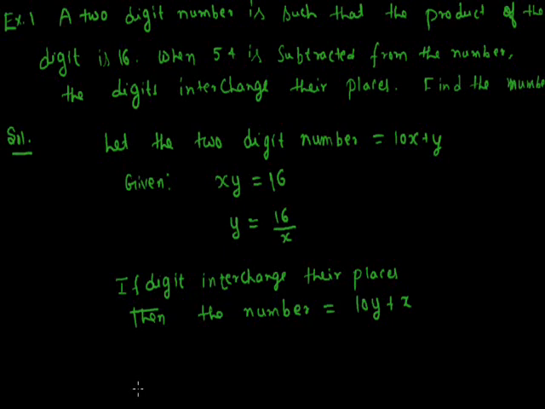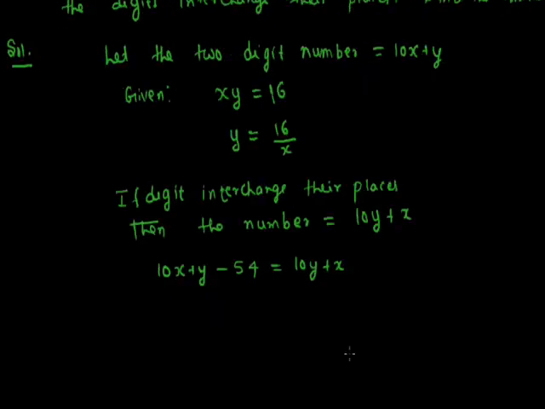So the number is 10x plus y. Now 54 is subtracted from the number, so minus 54. Then the digits interchange their places, so this will be equal to 10y plus x.